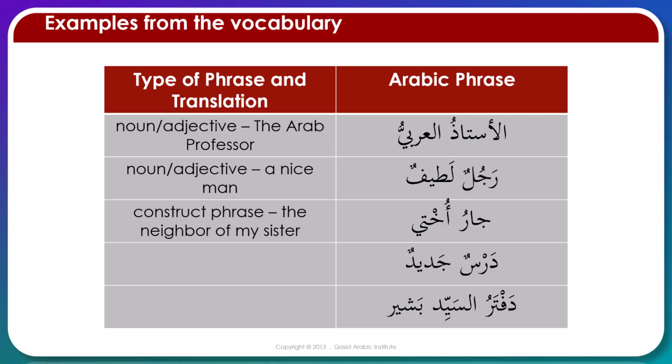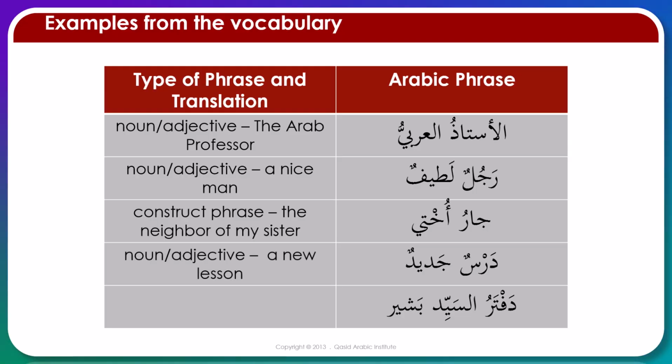But we're going to focus on jar and ukht. Jar means neighbor, ukht means sister. Ukhti means my sister. Notice in English we say the neighbor of my sister. The of indicates possession. Notice that jar has a dhamma, but ukht does not. So jaru ukhti means the neighbor of my sister.